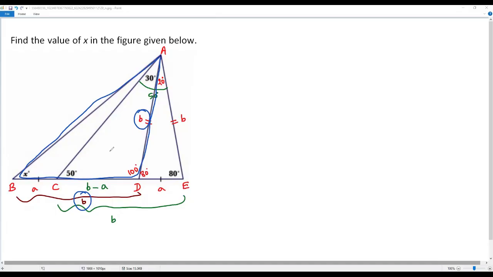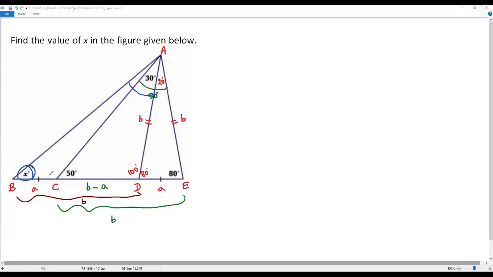In an isosceles triangle, the two interior angles which are opposite to the sides of equal length must be equal in measure. Here this interior angle, x degrees, is opposite to the side AD. And this is the interior angle which is opposite to the side BD. Since these two interior angles are opposite to the sides of equal length, they must be equal.